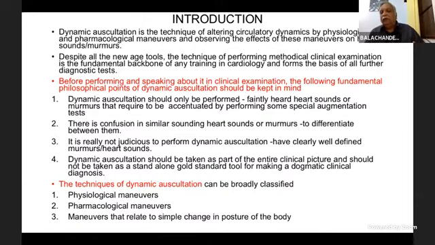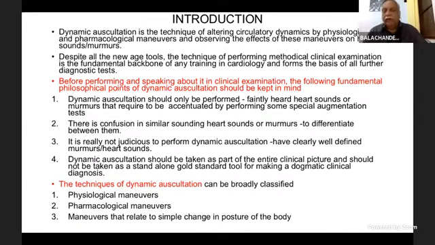For example, if you hear an ejection systolic murmur in the second right intercostal space, grade 4/6, radiating to the carotids, you don't have to do dynamic auscultation at all. Similarly, you don't have to do dynamic auscultation where there are loud murmurs, grade 5/6 murmurs, 4/6 murmurs. Then the important thing is that you should take the entire clinical picture before venturing into dynamic auscultation.